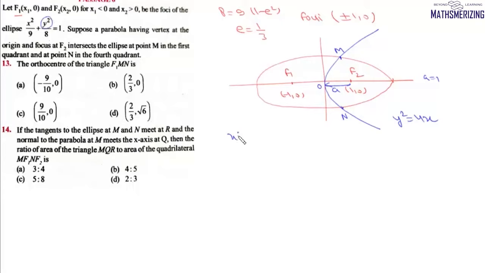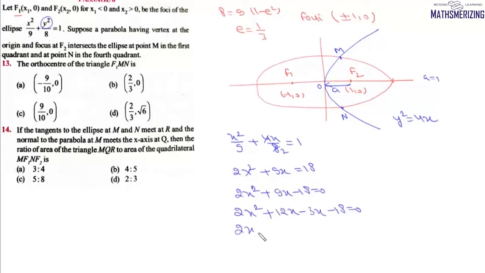Then we can write x square upon 9 plus 4x by 8 and it is equal to 1. So it will be 2. So we can write 2x square plus 9x equals 18. So we'll get 2x square plus 9x minus 18 equals to 0.